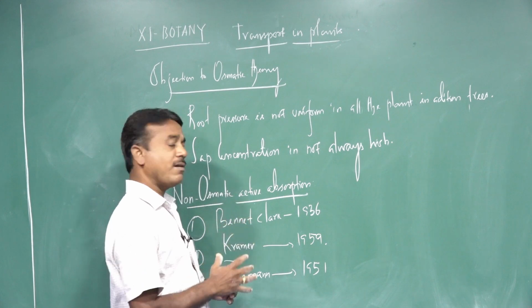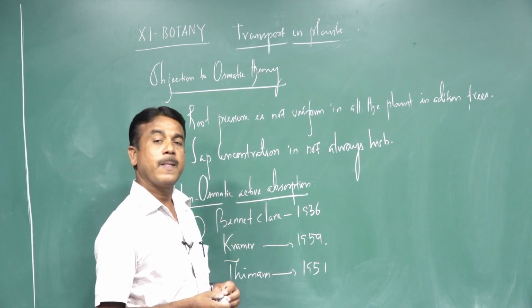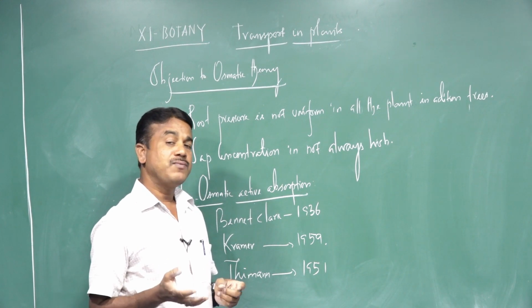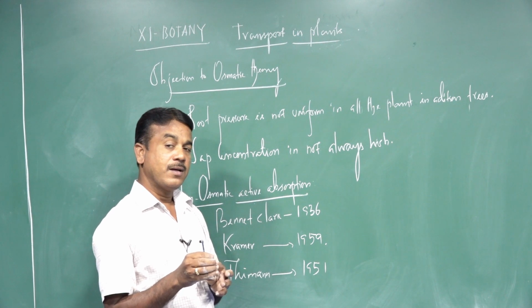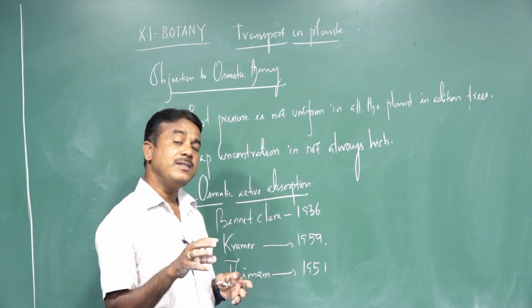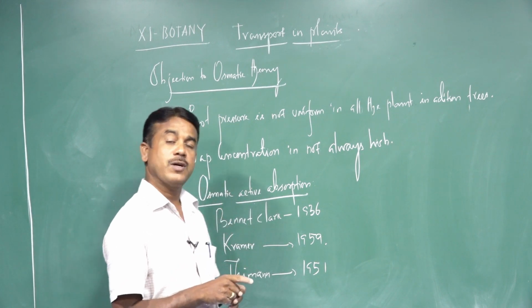What is the definition of non-osmotic active absorption? It is the absorption of water even when the concentration of sap is lower than the soil water. I have already drawn the structure.